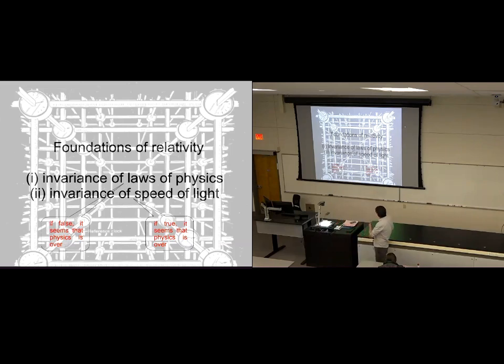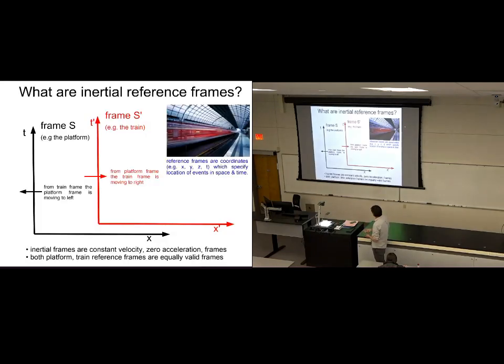But these two ideas are the bases out of which relativity is constructed: that the laws of physics are invariant and the speed of light is invariant. So we're going to see that. To discuss these things, I've got one slide to introduce something you probably met before, but I want to talk about it again.